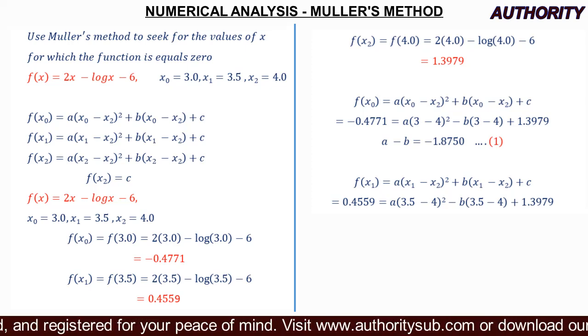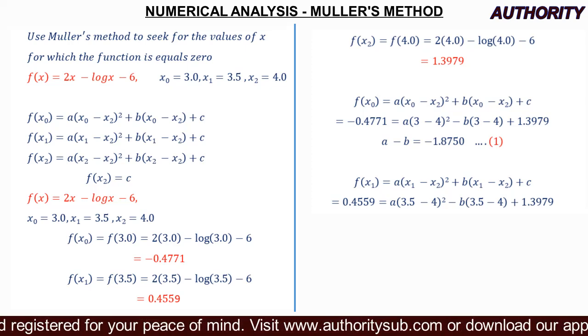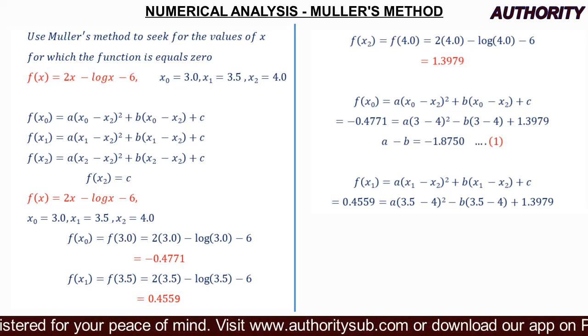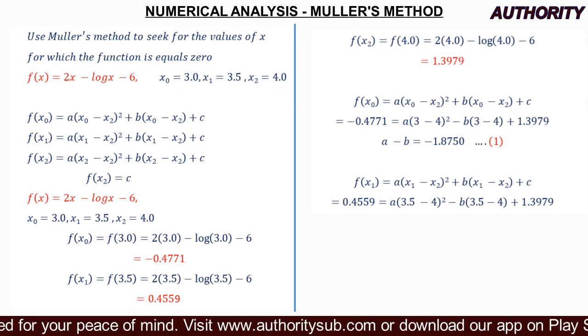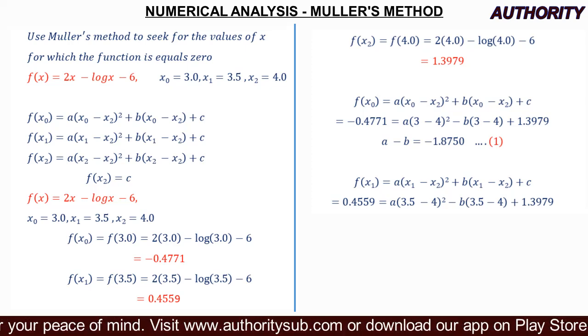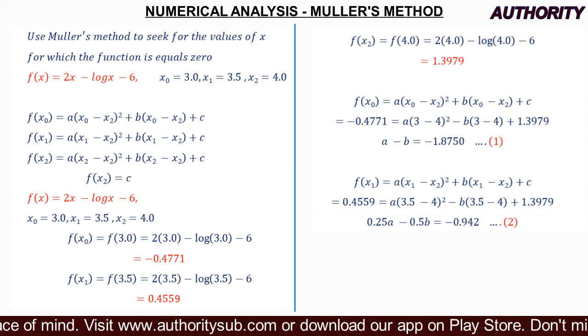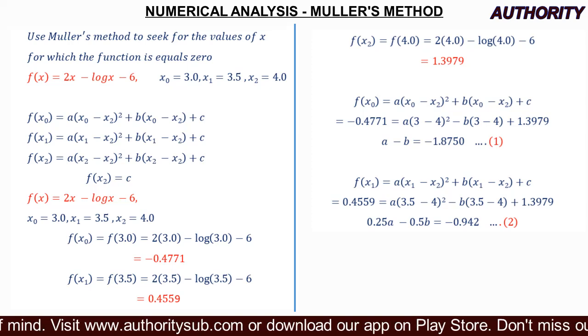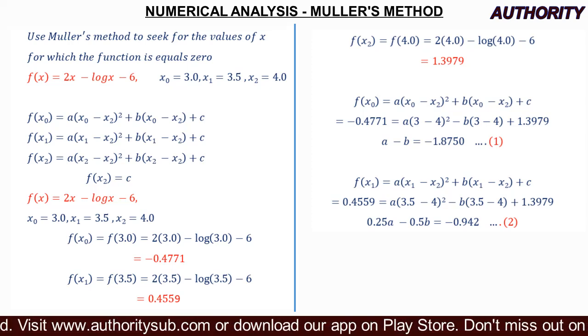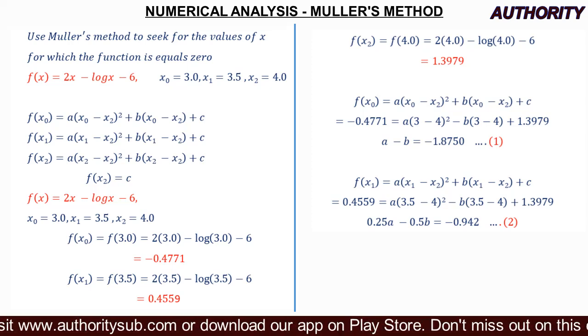So here we have plus 1.3979. Again, when we evaluate, we're also going to see that 0.25a minus 0.5b is equal to minus 0.942.